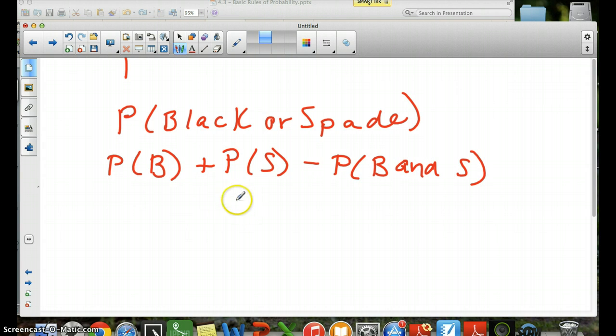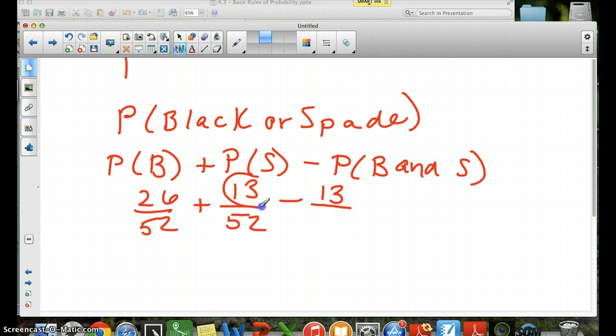Okay. And so you have 26 out of your 52 cards being black, 13 out of your 52 cards being spades, and you already accounted for those 13 cards in that 26. So you have to take those back out, and so you're back down to, obviously, your 26 out of 52.